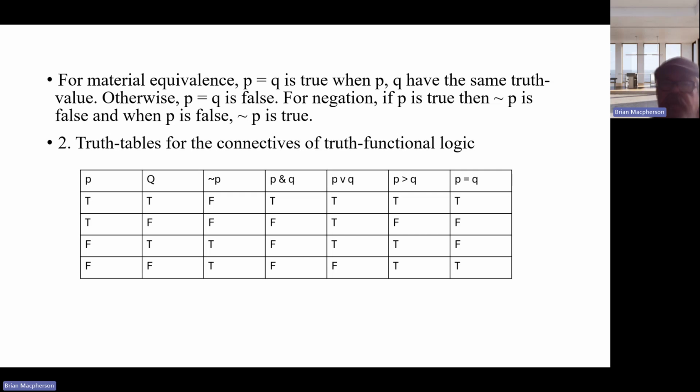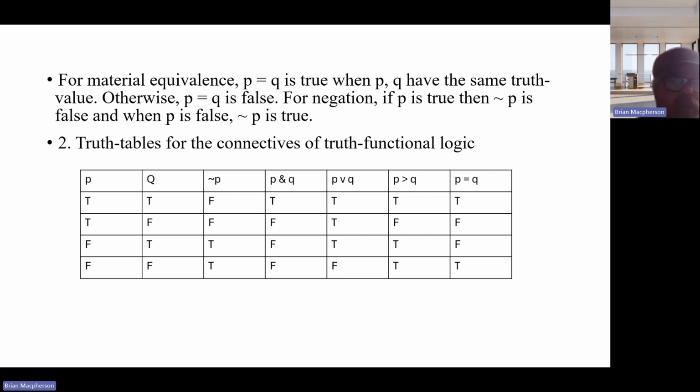So what I've done here is I've given you a truth table. This is called a truth table, and it was invented by Ludwig Wittgenstein in his Tractatus Logico-Philosophicus back in 1917 or something like that. But anyway, way back in the day. If you take two simple sentences, P and Q, you can build complex sentences out of those using the 5 truth functional connectives.